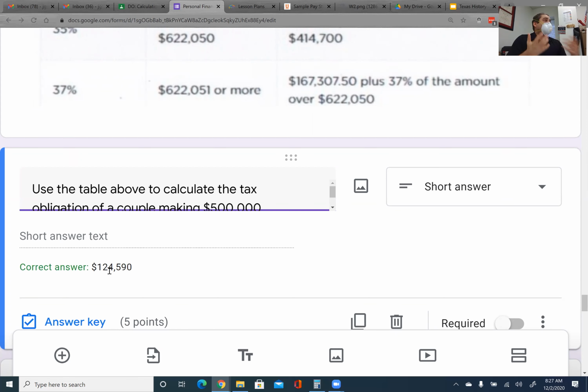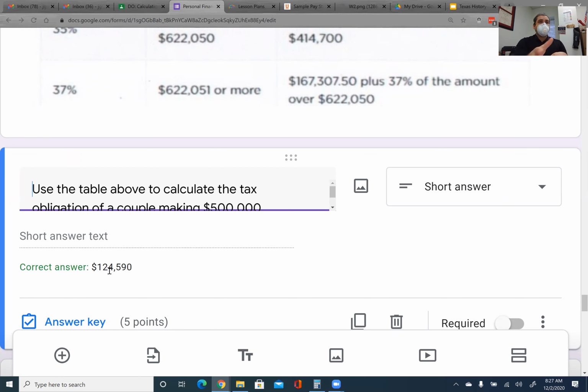Okay. So that when tax time comes, they're going to take that amount of what they have paid toward their tax bill and count that against their tax obligation.